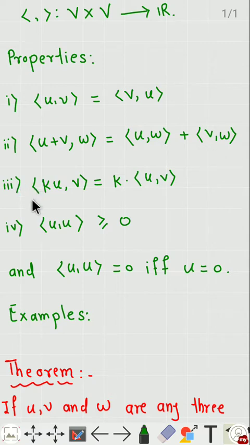The third property is that the inner product of ku with v is equal to k times the inner product of u with v. The fourth property is that the inner product of u with u is always greater than or equal to 0, and it is called the positivity property of the inner product, and the inner product of u with u is equal to 0 if and only if vector u is a 0 vector.